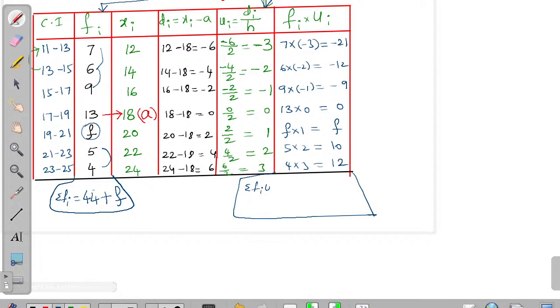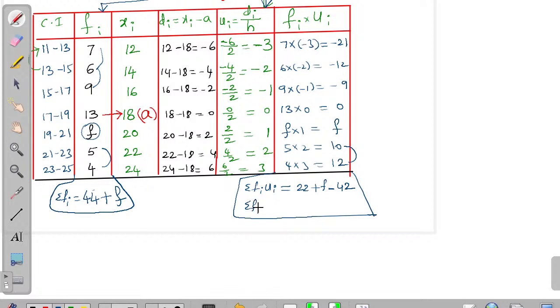Now sigma fi ui. For this, add the positive numbers first. So 10 plus 12 is 22, plus f. After that, minus 21 minus 12 minus 9 is minus 42.